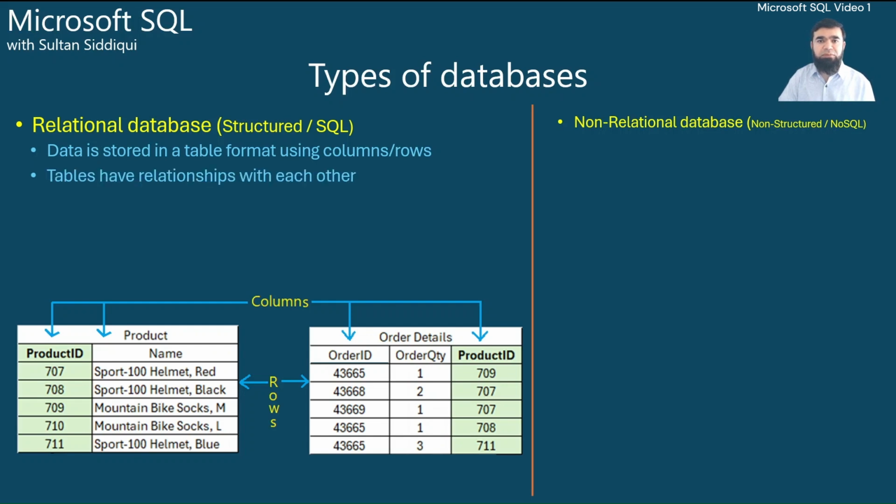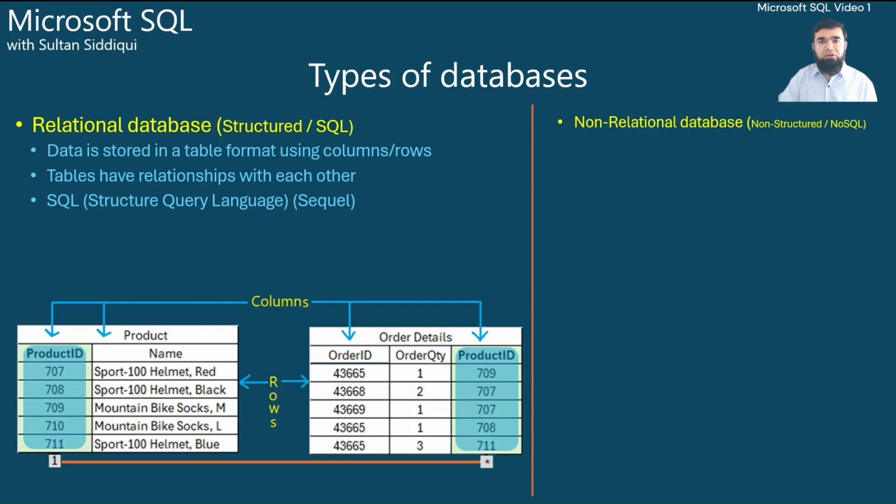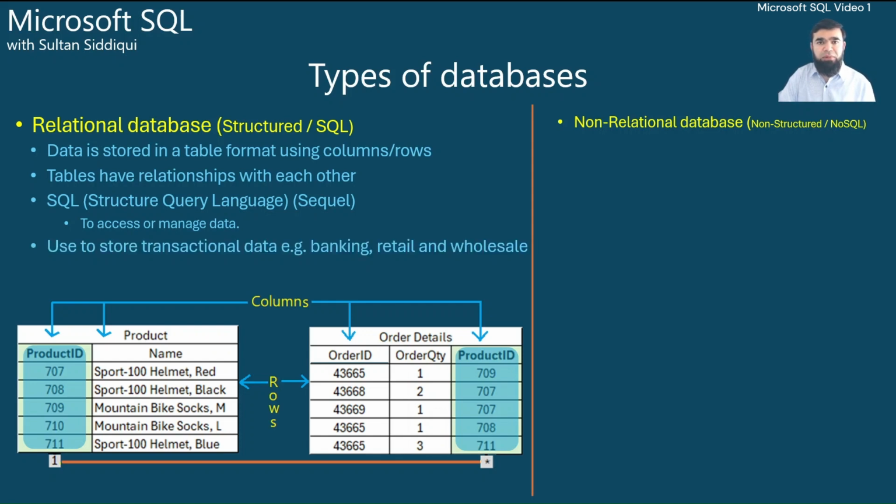Tables have relationships with each other using primary key and foreign key, or 2 columns having the same data types. SQL commands are used to access the data and management of the database. Relational databases are used to store transactional data, for example, in banking, retail, and wholesale sectors. Popular relational databases are Microsoft SQL, Oracle, IBM DB2, MySQL, and PostgreSQL.